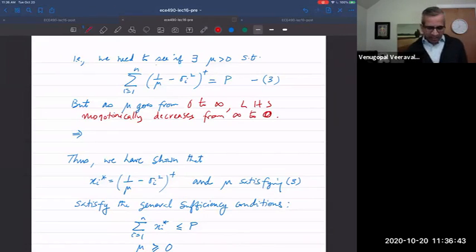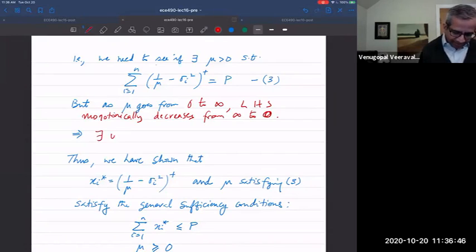Since it's monotonic, there's actually a unique mu that satisfies this thing with equality.